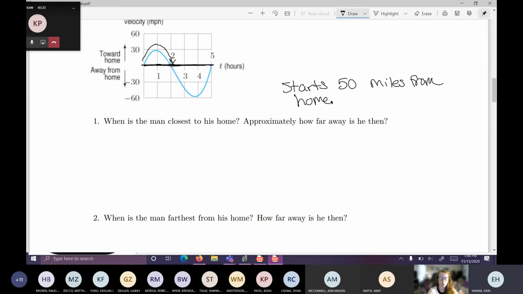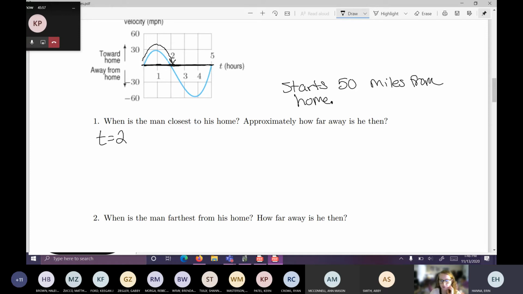So if he was traveling towards home up until the 2nd hour and then turns around, well, maybe he doesn't turn around, maybe he passed his house. But anyway, for some reason, he is now going away from his house. So the closest he's going to be to his house is essentially before he starts traveling away from his house again. So the closest he's going to be to his house is when t equals 2.